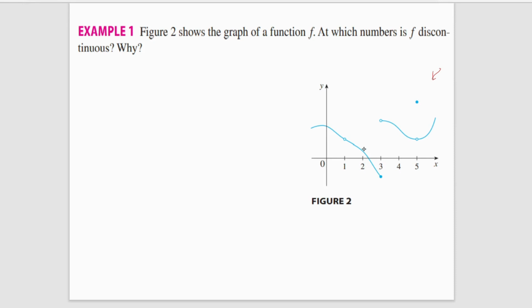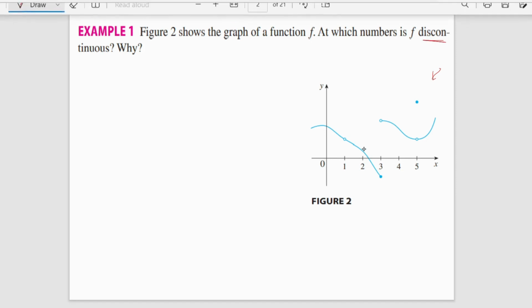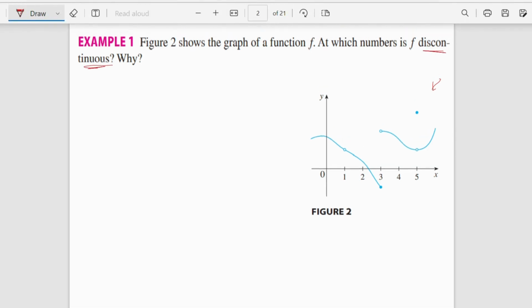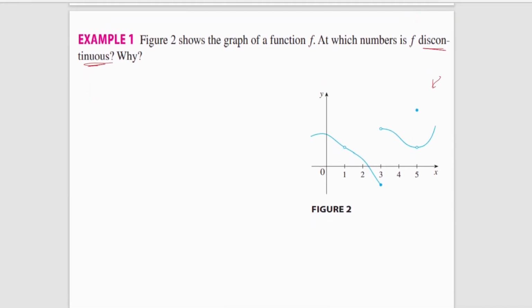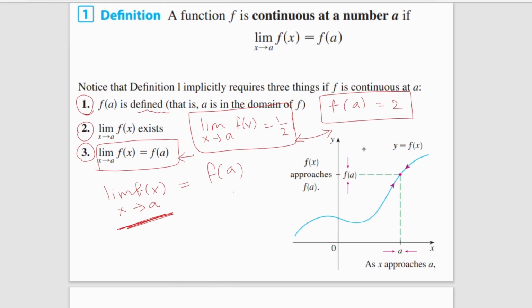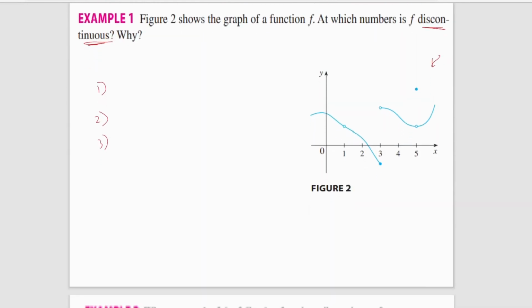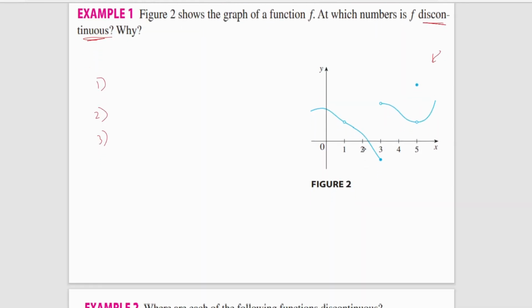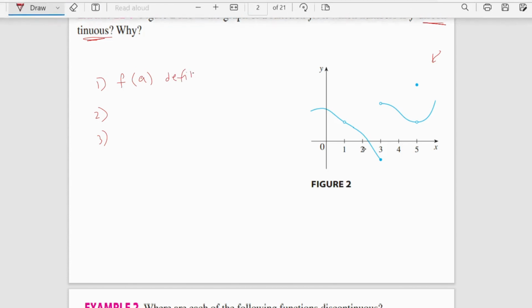So whenever you see the word continuous or discontinuous, keep in your mind the three conditions, which are these. The first condition, the value at a must be defined.